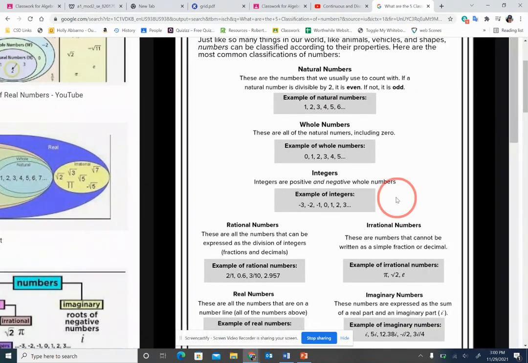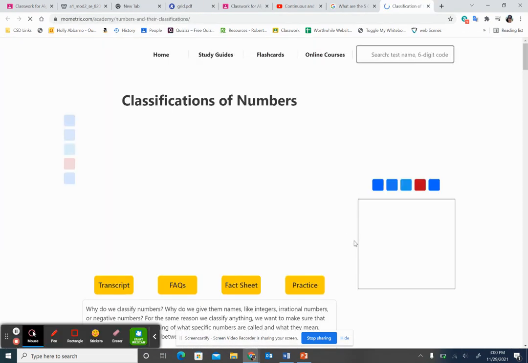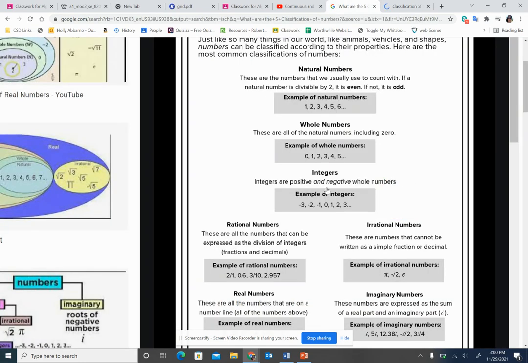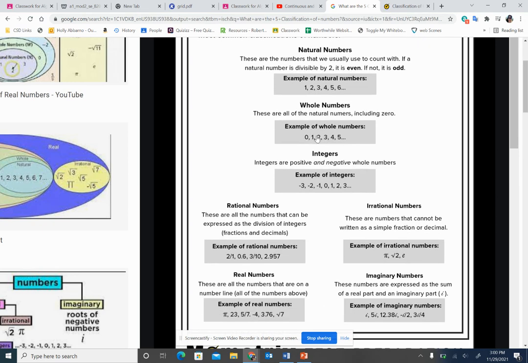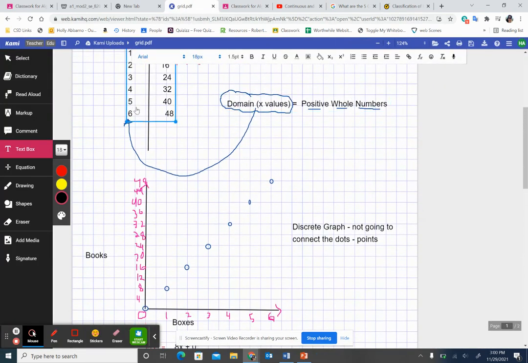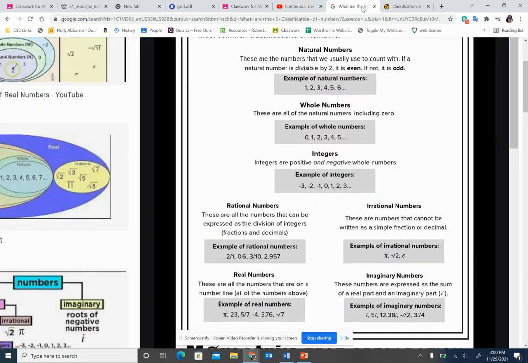All right, here's a good one right here. Here we go. All right, so natural numbers are like counting numbers, 1, 2, 3, 4. Whole numbers would be including 0, 1, 2, 3, 4, which is why up here we called them whole numbers because it included 0, but they were our counting numbers that included 0.